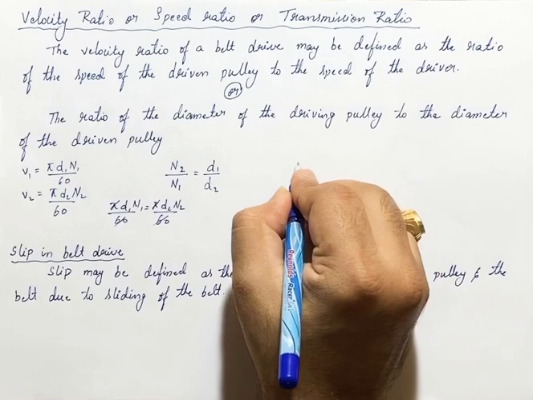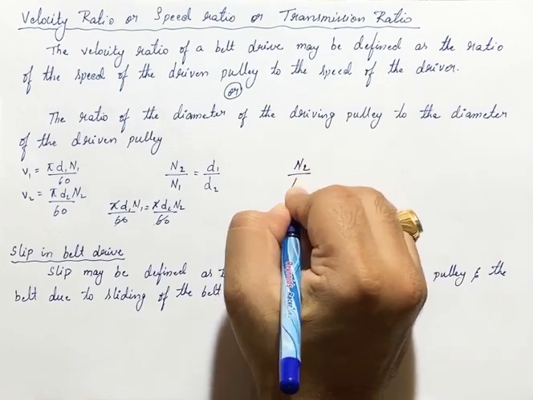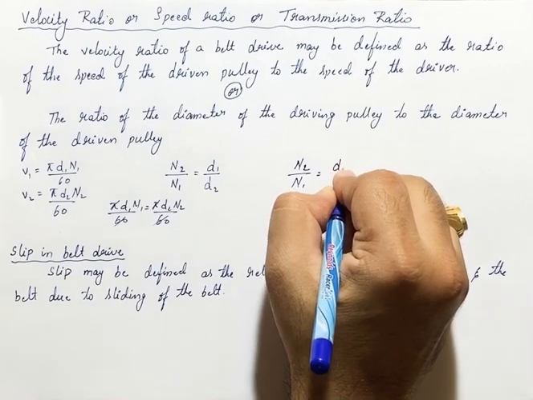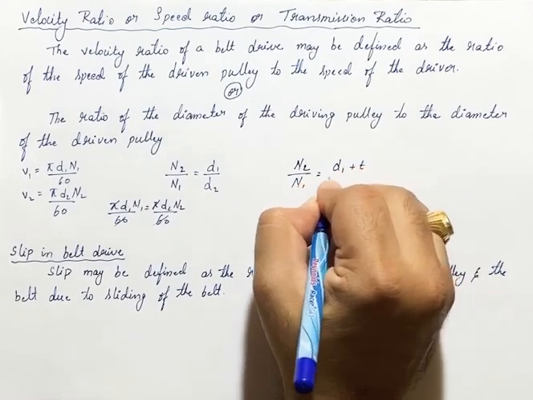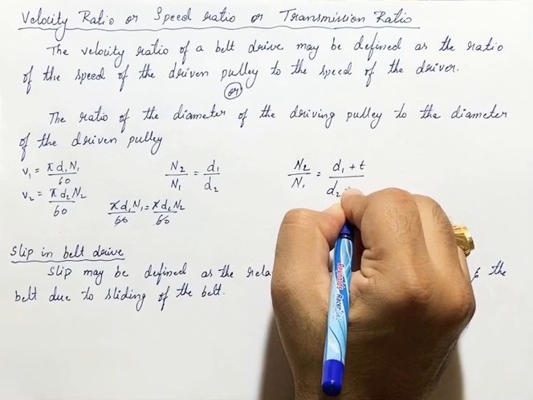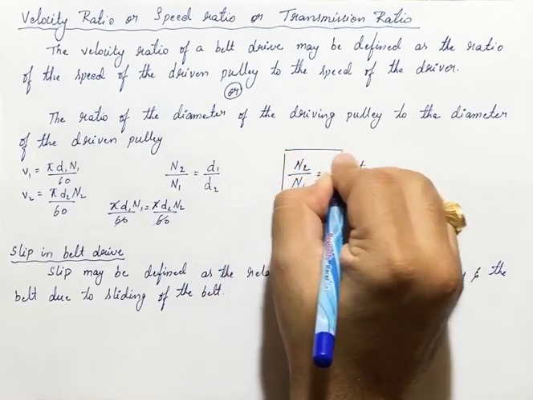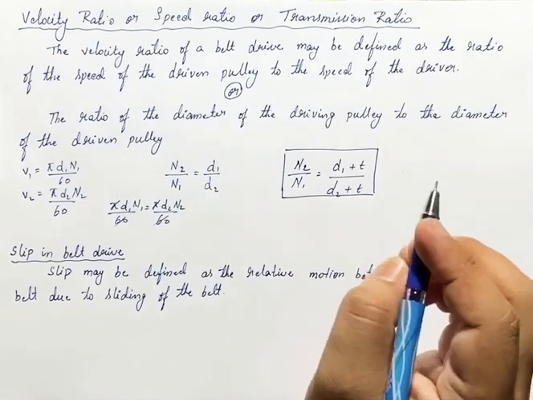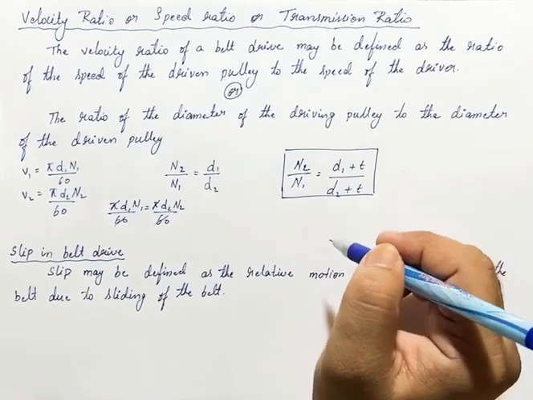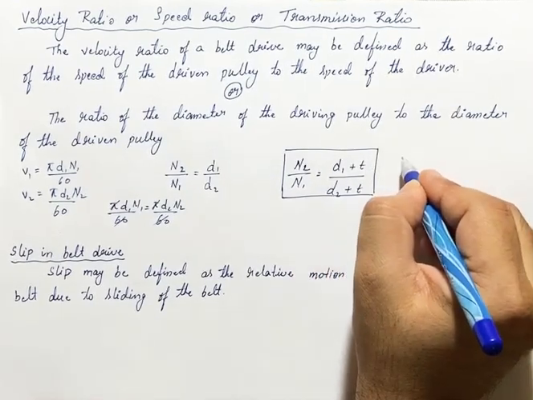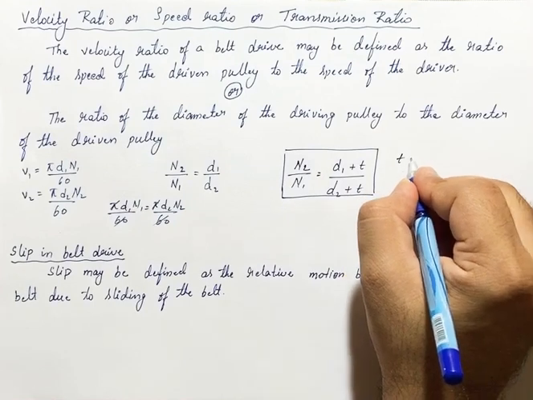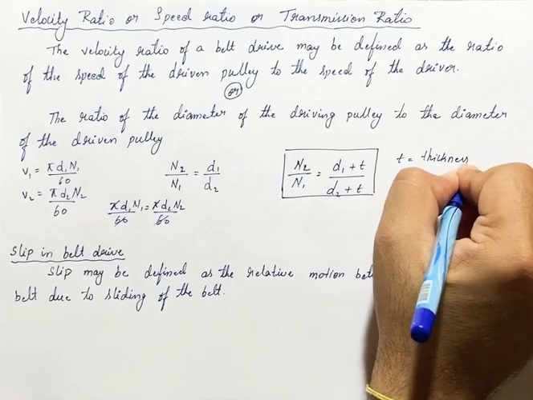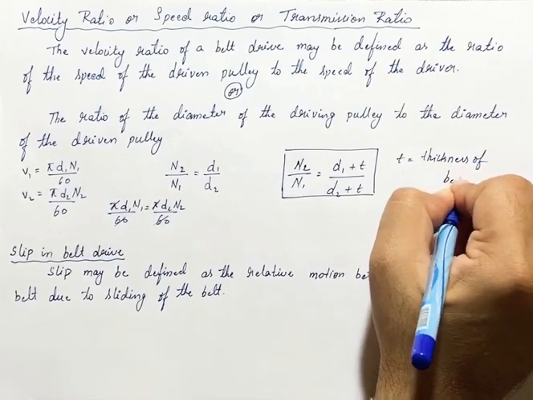Then the velocity ratio N2 by N1 will be (D1 plus t) divided by (D2 plus t) here. This is the velocity ratio when considering the thickness, where t is the thickness of the belt.